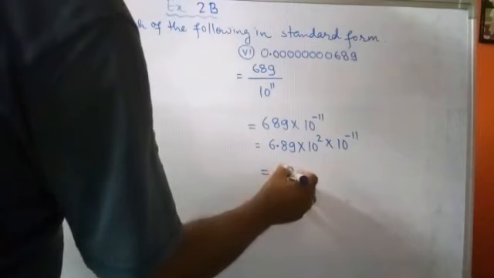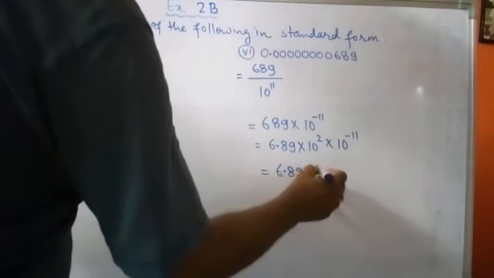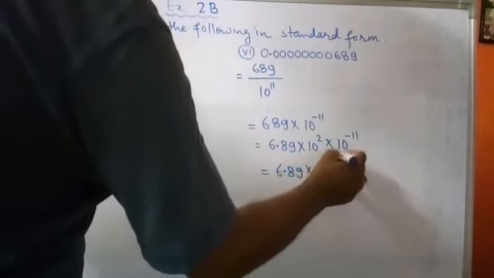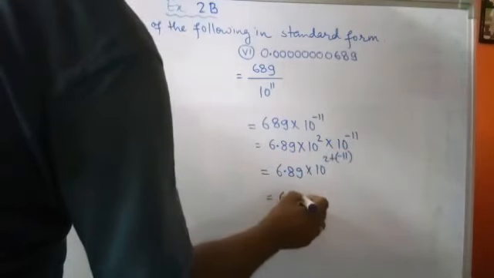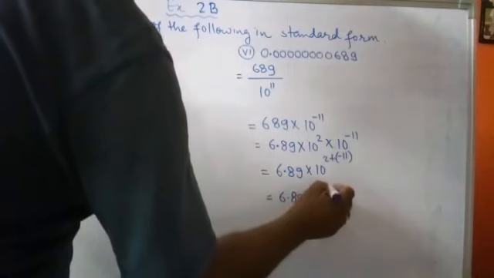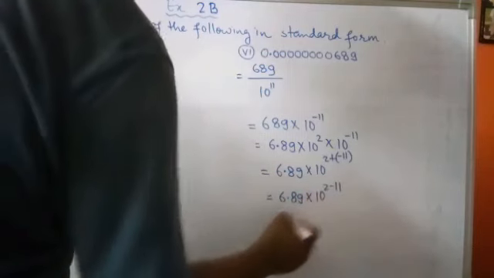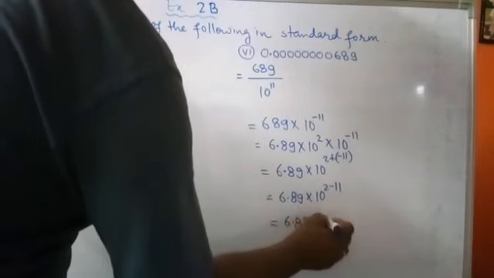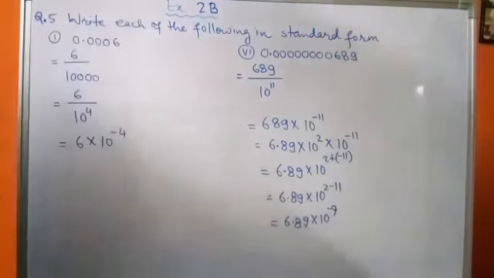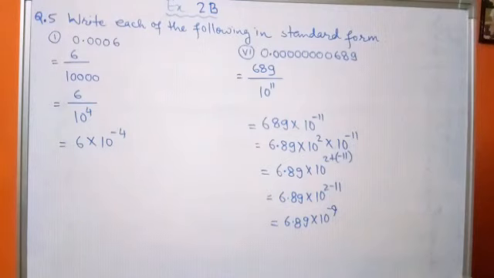So 6.89 into 10 to the power 2 minus 11, 6.89 into 10 to the power minus 9 is the standard form of expressing this number.